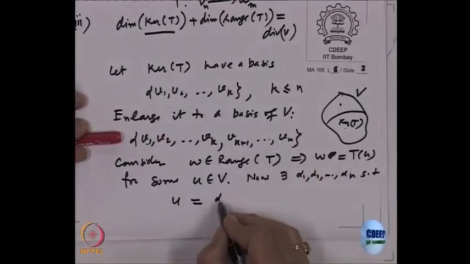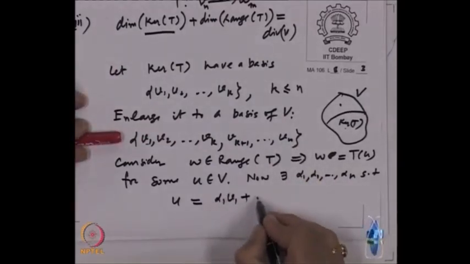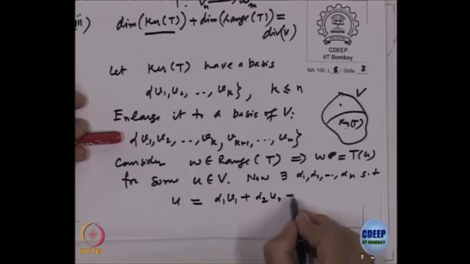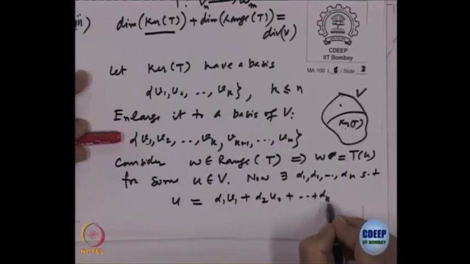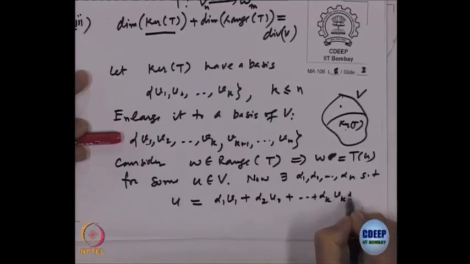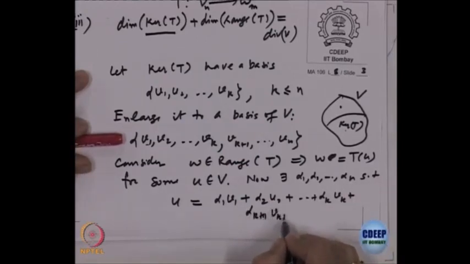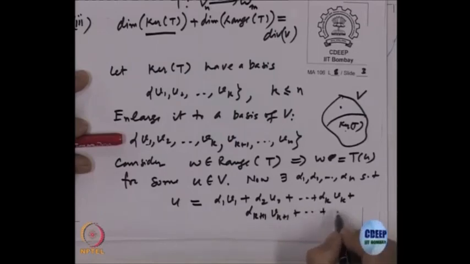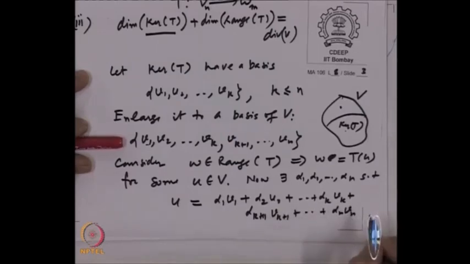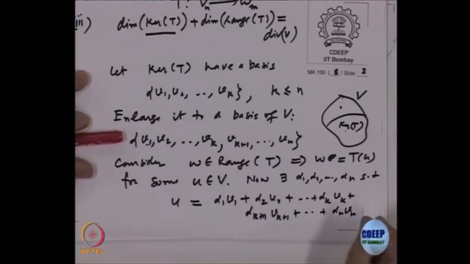So, it will be alpha 1 V 1 plus alpha 2 V 2 plus alpha k V k plus alpha k plus 1 V k plus 1 plus alpha n V n, right. It is a linear combination.